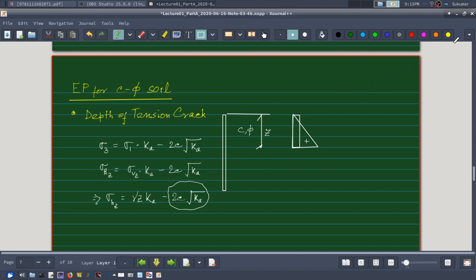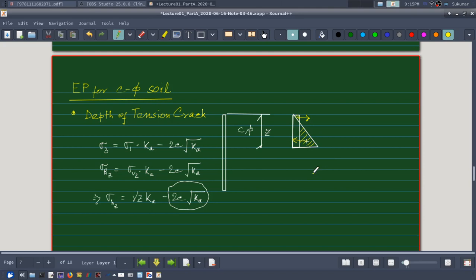Okay, so net area is this portion. So this will be in this direction because it is positive, and this will be in the opposite direction. So it will be something like tension, as if the backfill is pulling the retaining wall.